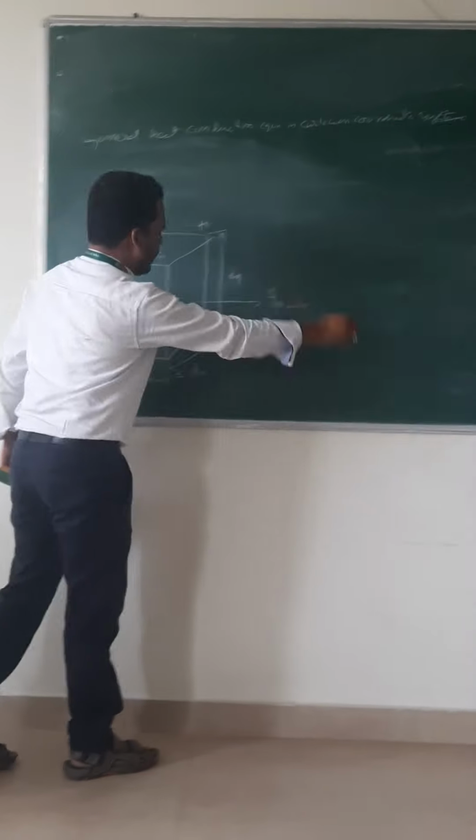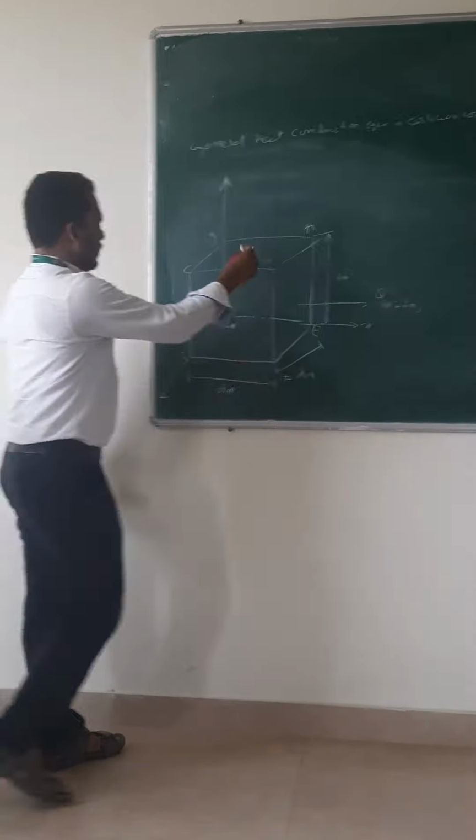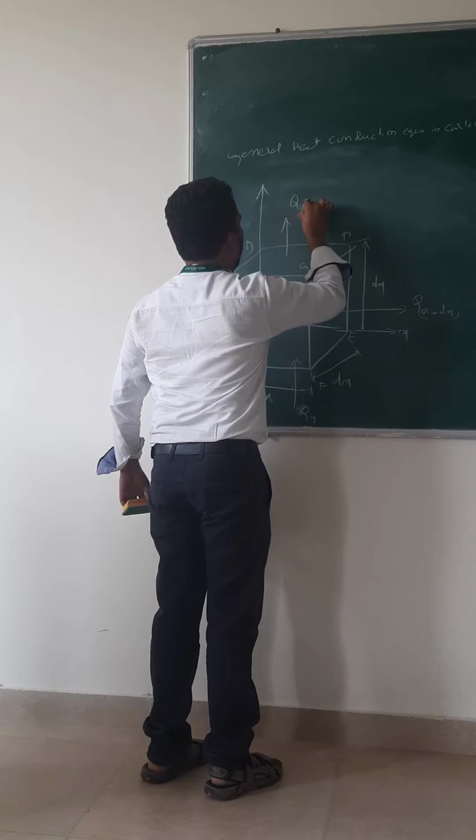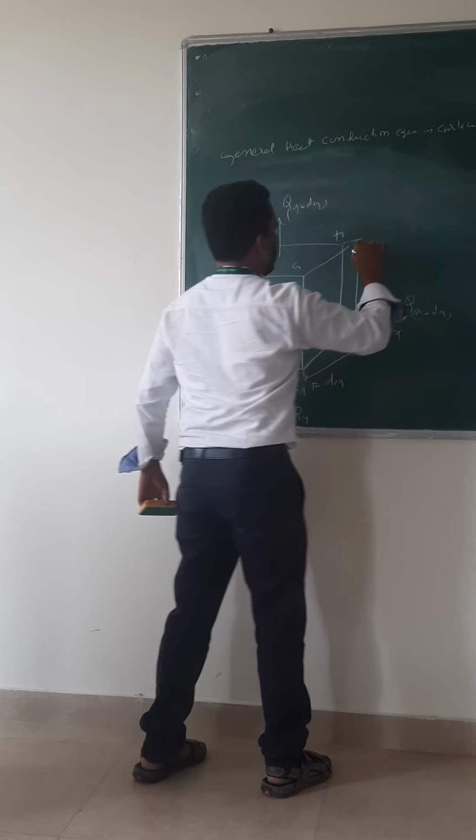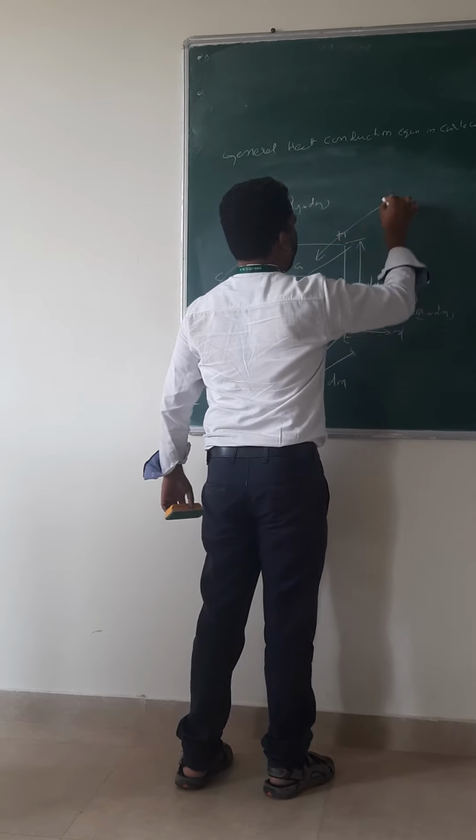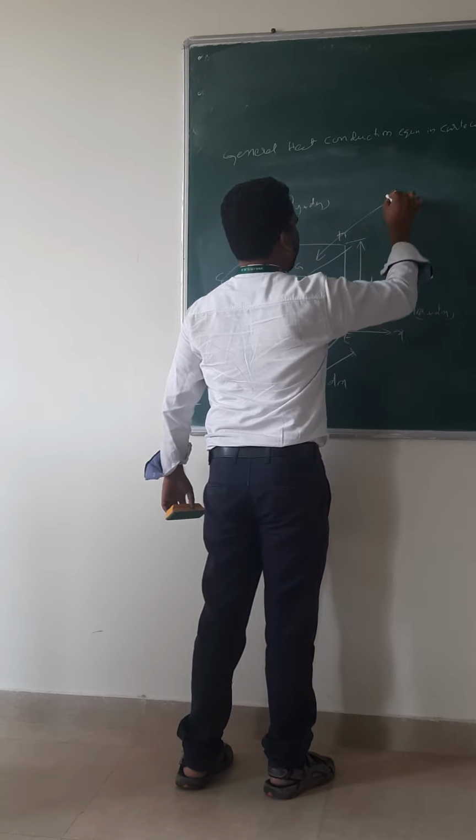In the y direction, heat entering is Qy, and leaving is Qy plus dy. In the z direction, heat entering is Qz, and leaving is Qz plus dz. These are the three directions.